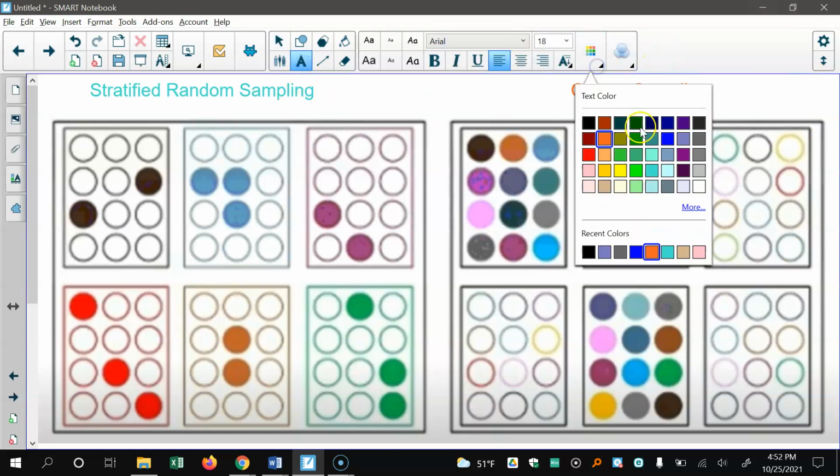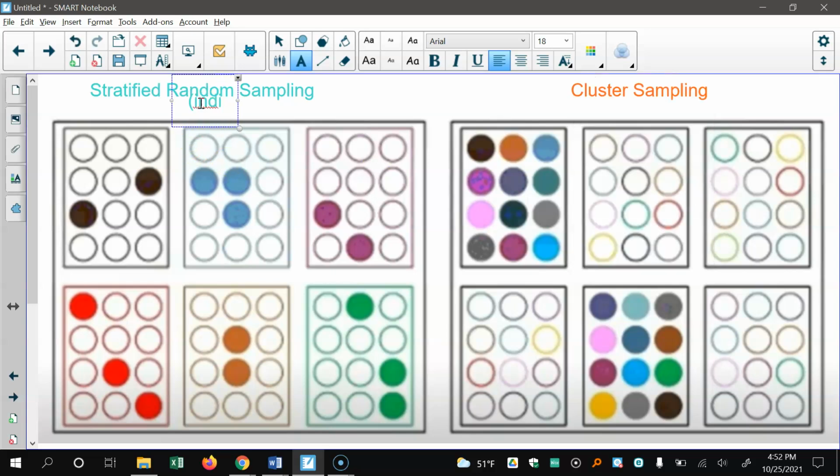And I'm just going to jot this down here so we have it. Stratified random sampling, individuals are randomly selected from all groups.